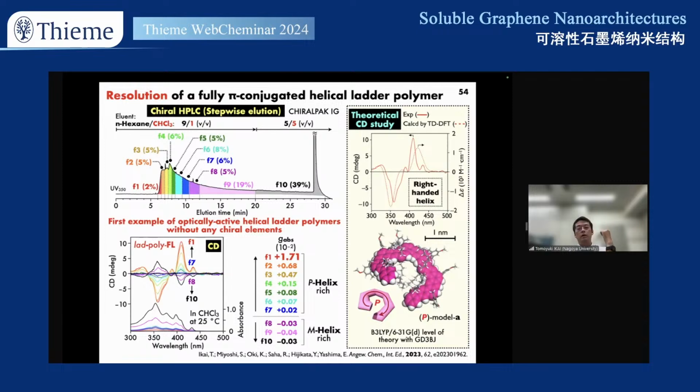I did the HPLC of the model compound, but I think the model compound eluted faster than the polymer, because the interaction sites are very few. So the retention time of F10 is, I think, very different.